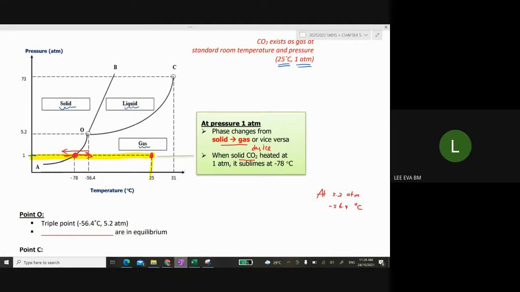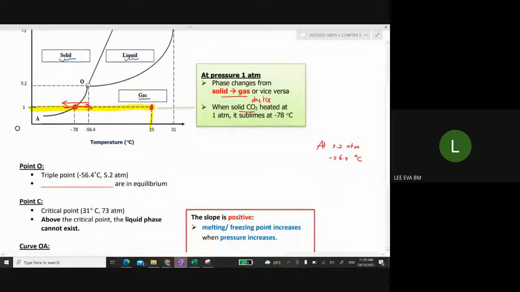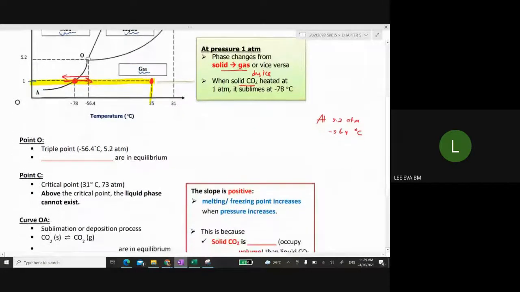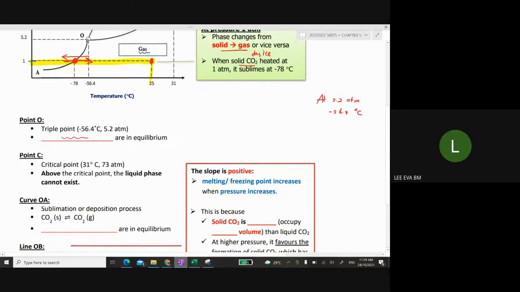You can find your solid, liquid, and also gas phase. At the bottom over here, you fill in your answer. Point O refers to the triple point: negative 56.4 degrees Celsius, 5.2 atm. All of the phases, solid, liquid, and gas, are in equilibrium. So dekat sini isi tempat kosong. We can find 3 of the phases there.